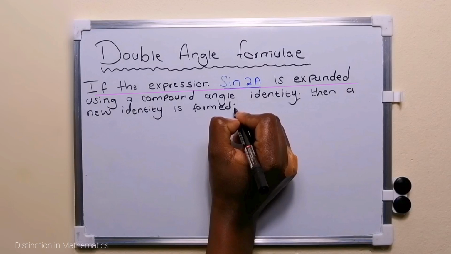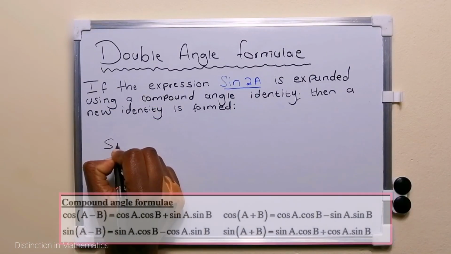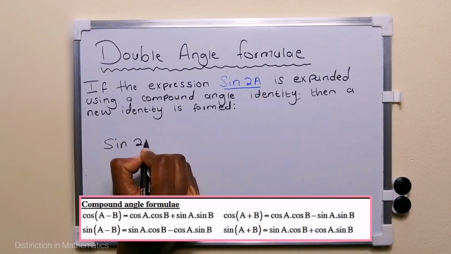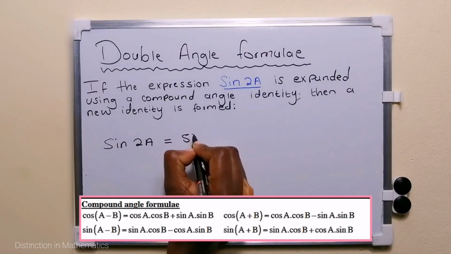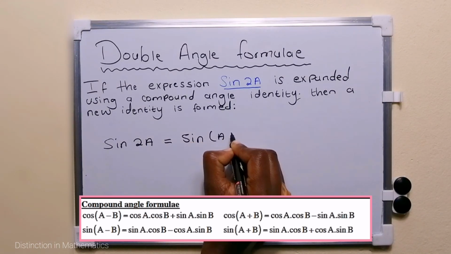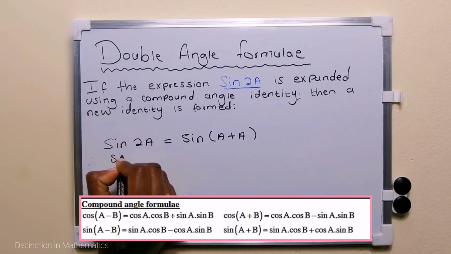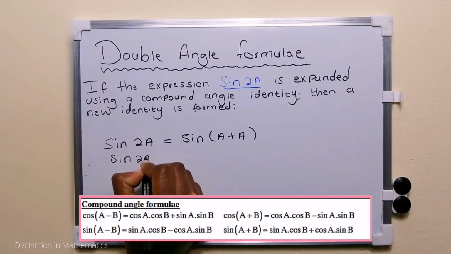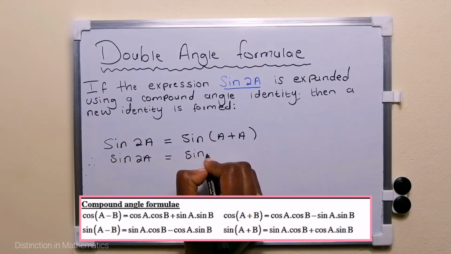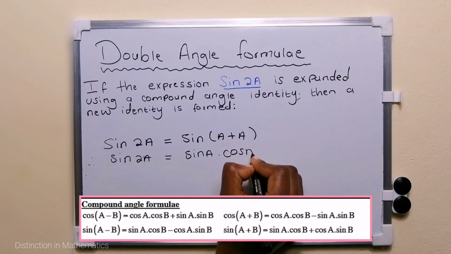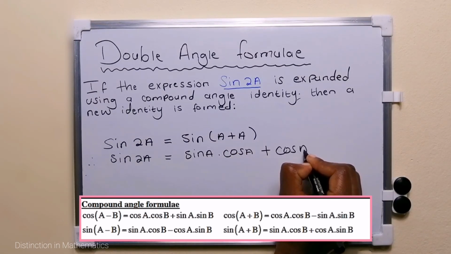If the expression sine 2a is expanded using a compound angle identity, and compound angle identities are better explained in the previous video, then a new identity is formed. So if you have sine 2a, it is the same as sine a plus a, and according to the compound angle formula for sine, you can expand this as sine a cos a plus cos a sine a.